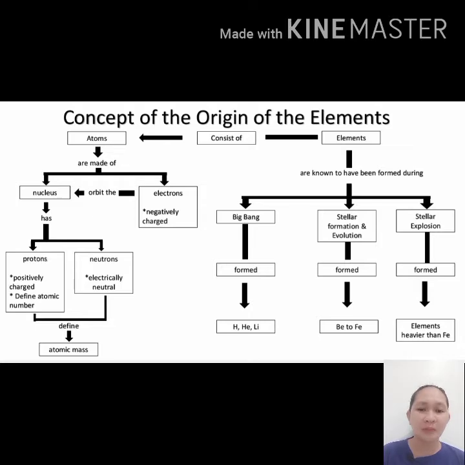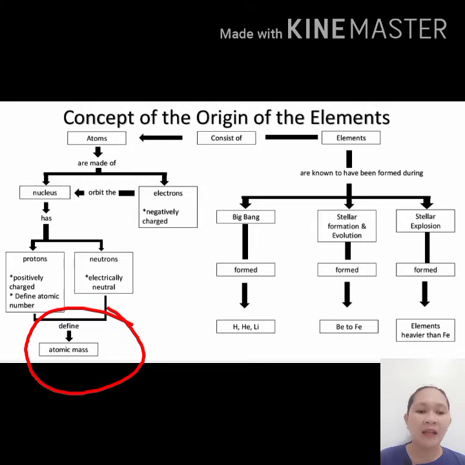This atomic number can be found at the left lower side of an element, while a neutron is electrically neutral, which means it has no charge. The combination of protons and neutrons is defined as the atomic mass, and the atomic mass can be seen at the left upper part of the element.